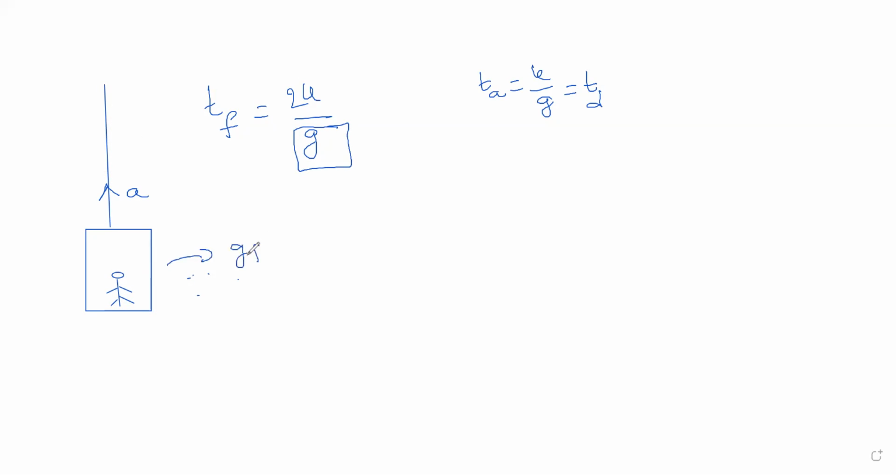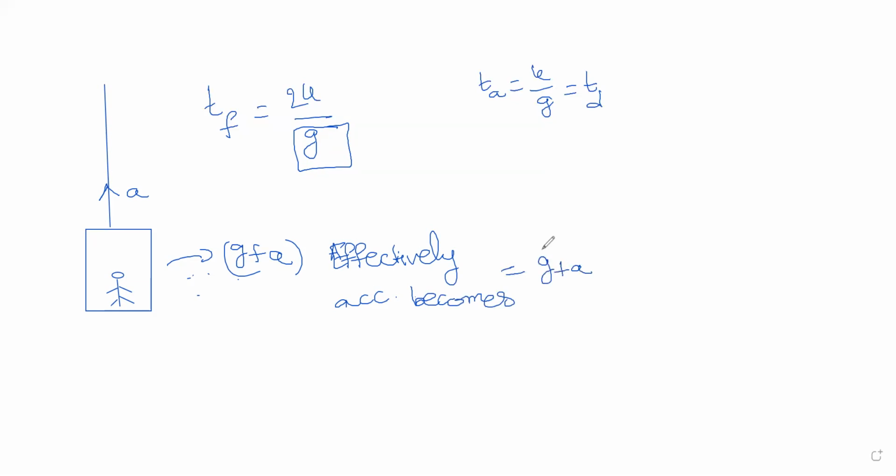Remember this. Effectively, acceleration becomes g plus a. So instead of g, we will put g plus a. So the time of flight becomes 2u by g plus a.